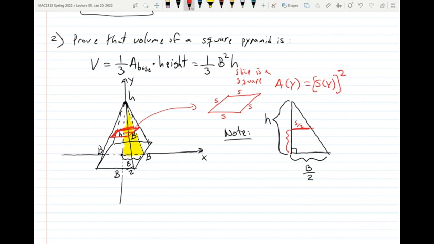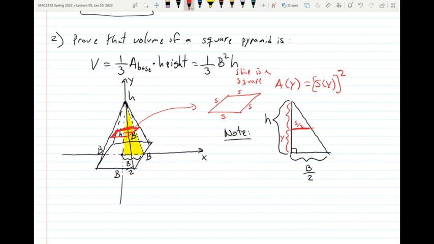Who can tell me this side? That's y, right? Remember, you're cutting like this between 0 and h. So whatever y is, that's where we're making the cut. You understand this? So that distance is given by the value of y. Yes? So this right here is y. And therefore, how much is this?